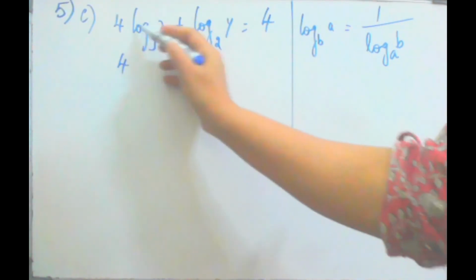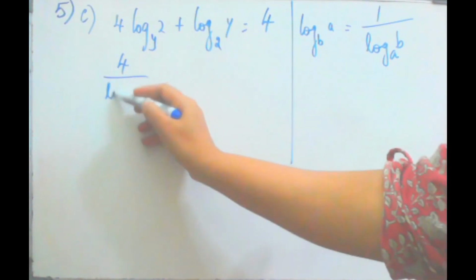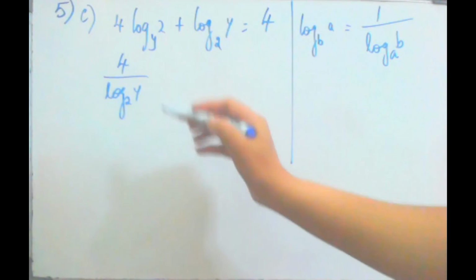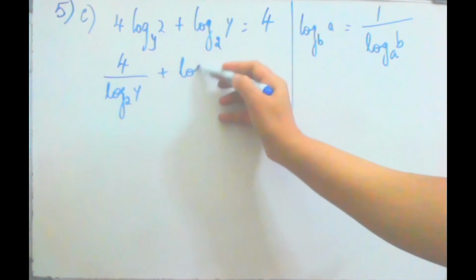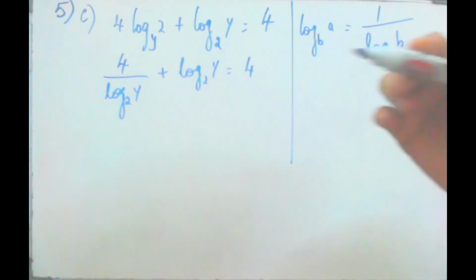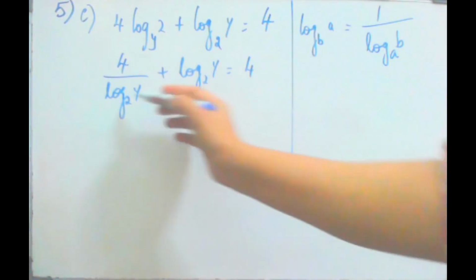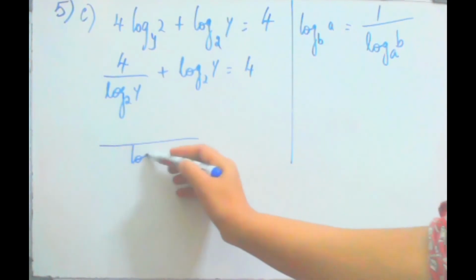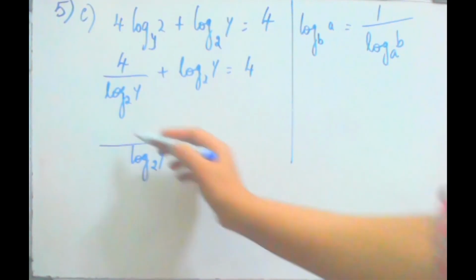So 4 log 2 to the base y, we will change it to 4 over log y to the base 2, plus log y to the base 2 is equal to 4. We will take the common denominator as log y to the base 2.